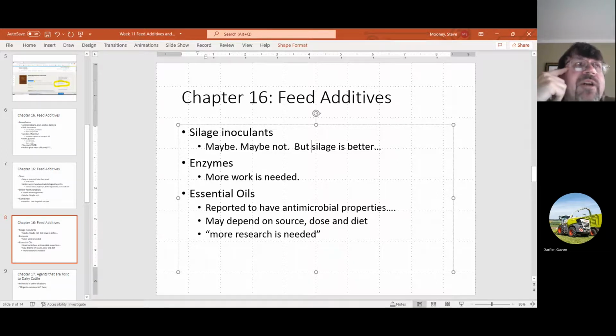I know I worked on a study once where the feed was sprayed with a big mix of enzymes right before it was fed. And we actually got milk fat depression. I was of the opinion that you've got to cut your enzyme concentration in half, and then you might get some good effects.